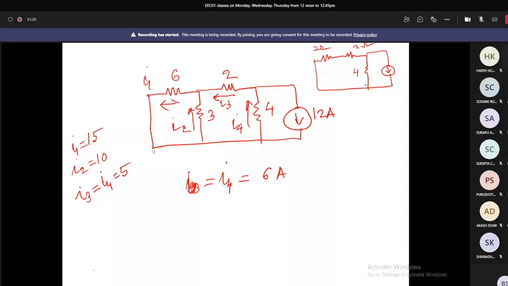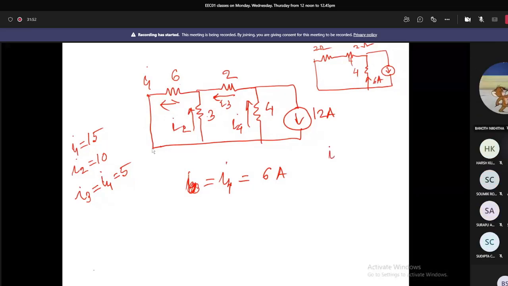Here it is 4. Then branching will happen in this part. 4 will be branched into 6 and 3. So it will be how much? 2/3 through I2. So I2 will be 2/3 of 4. Oh, sorry, 2/3 of 6. And I1 will be 1/3 of 6. So I2 will be what? It is 4 ampere. I1 will be 2 ampere.